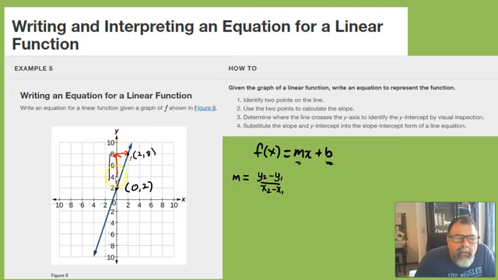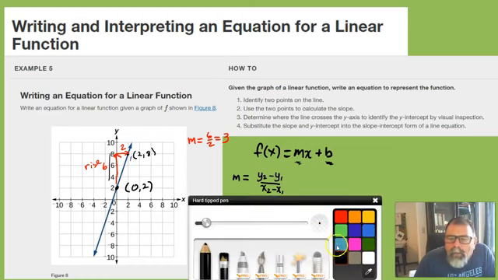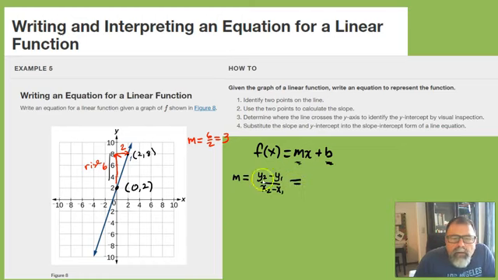But we can count. 2, 4, 6 is my rise. My run is 2. So 6 over 2, which is going to be 3. If I do it with the formula, the way that it's mentioning up here, 8 minus 2 over 2 minus 0. So 6 over 2, which gets us 3.